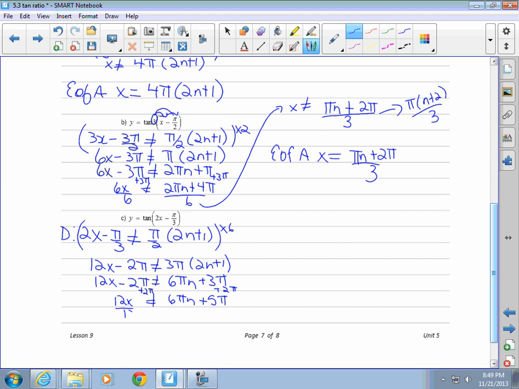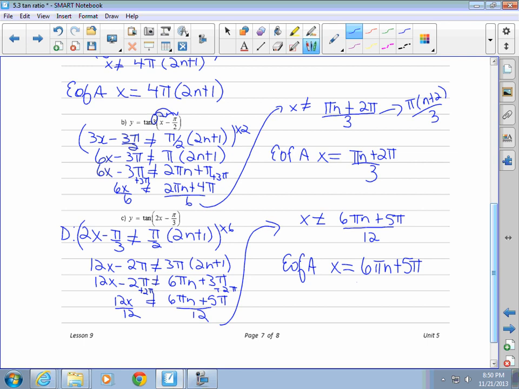Divide by 12. So x is not equal to 6 pi n plus 5 pi over 12. So then your equation of your asymptote, x is equal to 6 pi n plus 5 pi over 12.